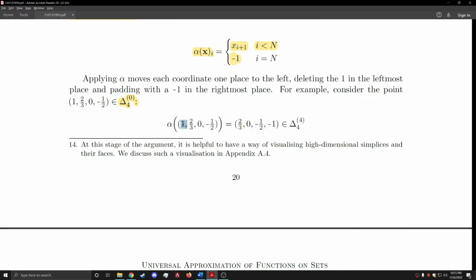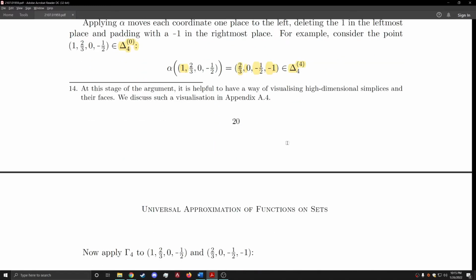Do you see? We are going to ignore this 1, because that's going to just go away. That's going to be too far left to see. So we're going to have 2/3, 0, -1/2. And here we have 2/3, 0, -1/2. Then we get to the case where i is equal to n, so we just literally slap a -1 in there. And suddenly, not only have we made gamma negative, the important part, but we're also on another face of the simplex.